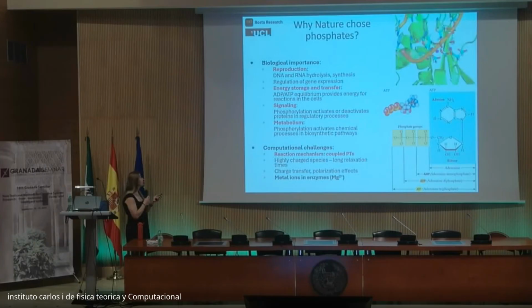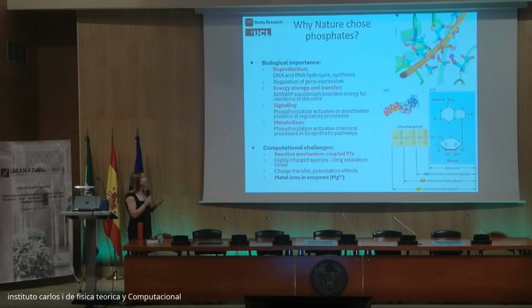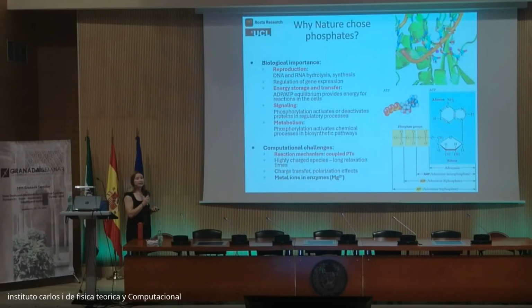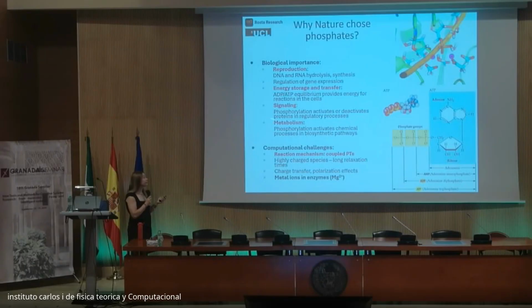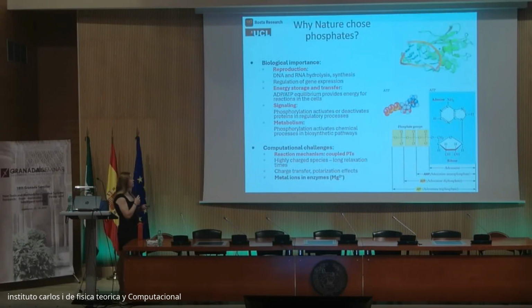For example, when you think of making DNA or RNA, or molecular machines like motors in the cells, they use the ATP-ADP equilibrium, which has to do with a bond breaking or forming in the ATP molecule to create ADP. Or in signaling, when very bad diseases like cancer happen, very often signaling systems that have to do with phosphorylation have some malfunction, and that causes the cancer.